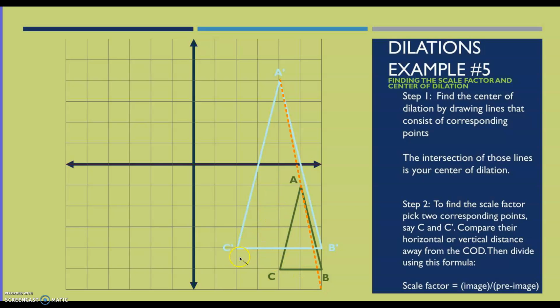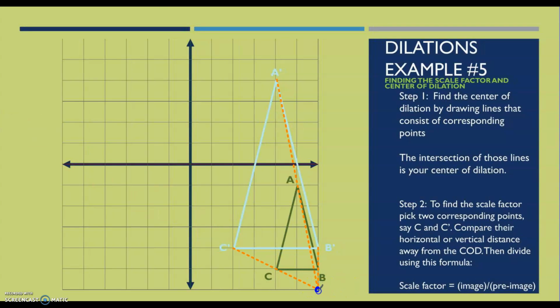And then I do the same thing for point C prime and C. And same thing for B prime and B. And you're going to notice that all three lines intersect at this point right here. So my center of dilation is going to be positive 6, negative 6.